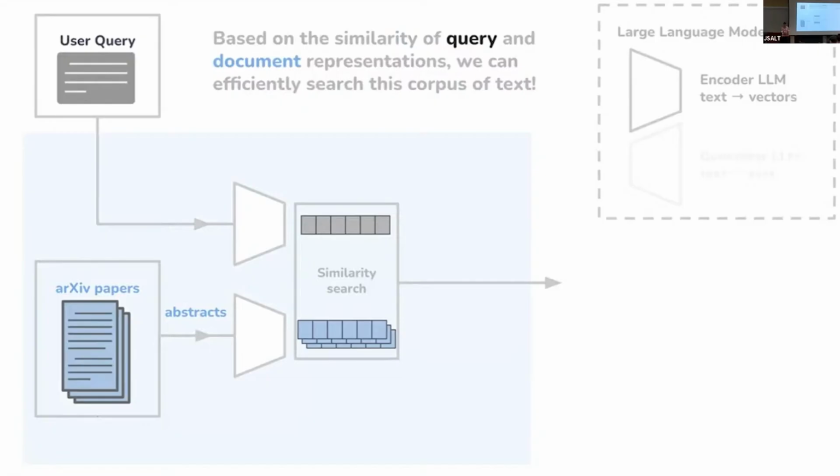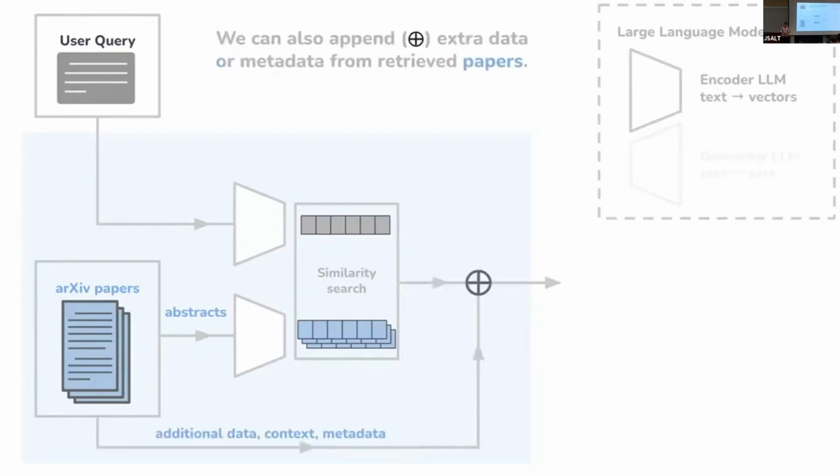So if you can quickly index into this library of arXiv papers, there are about 300,000 astronomy papers on arXiv, you can then quickly fetch additional data or context or metadata, like maybe you might be interested in the year of publication, or some other things that you don't want to match on. You don't want to perform similarity search on your date of publication or the author list necessarily, but maybe you do want to grab that data for some other purpose.